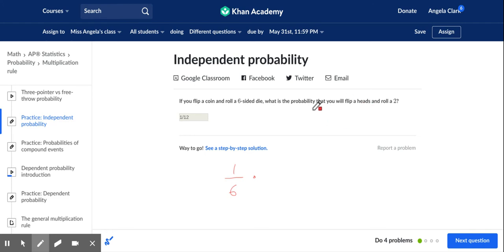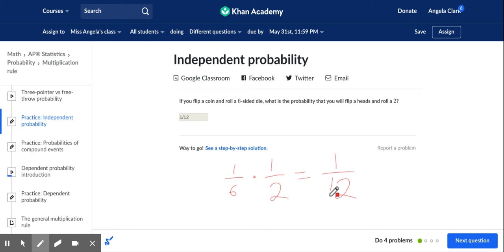Well, coins only have 2 options, right? Heads or tails. So heads would be one option out of 2. And so this would be the probability of rolling a 2 and the probability of flipping a heads. And that would be a 1 in 12 probability. So that would be my answer, 1 in 12.